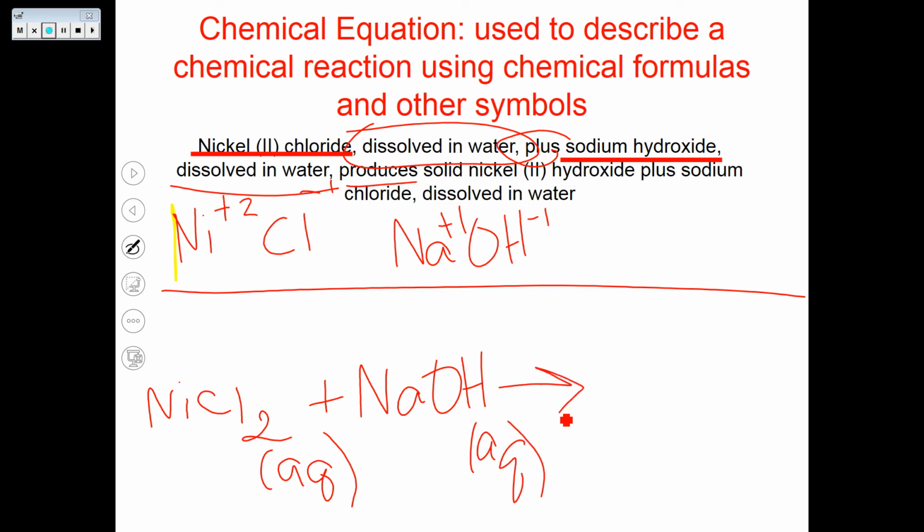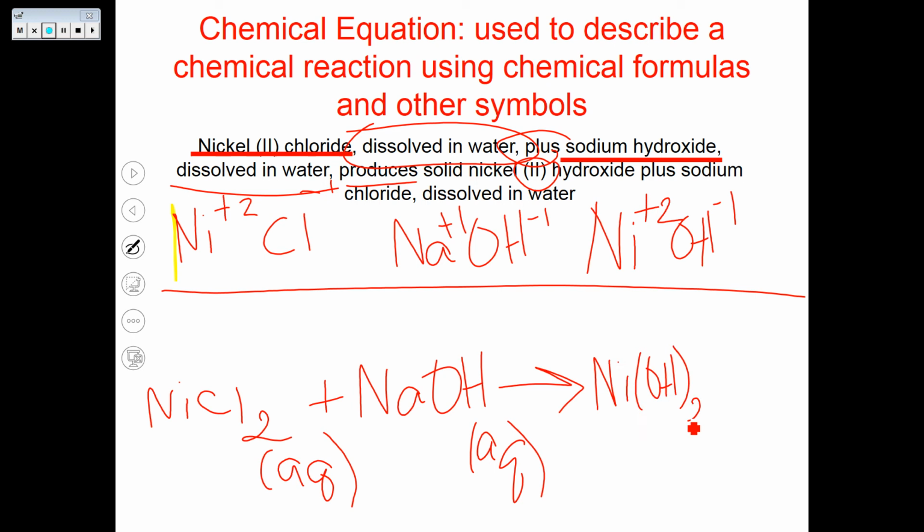Produces, which is our arrow, solid nickel(II) hydroxide. So nickel is Ni. Its oxidation number is +2 because it is a transition metal, and hydroxide is OH -1. So when you drop and swap this correctly, it is Ni(OH)2. It does say it's a solid, so we're going to put a subscript with s.